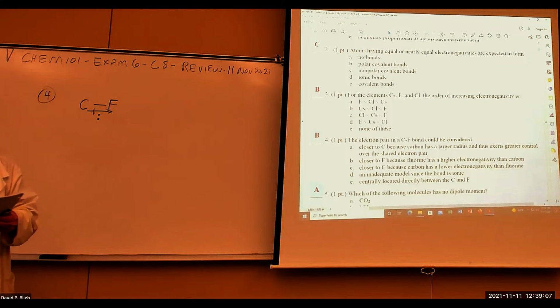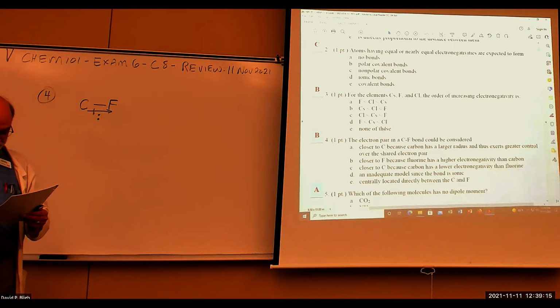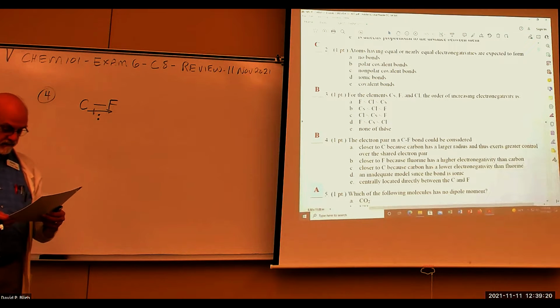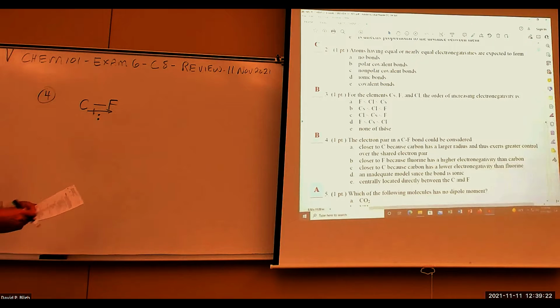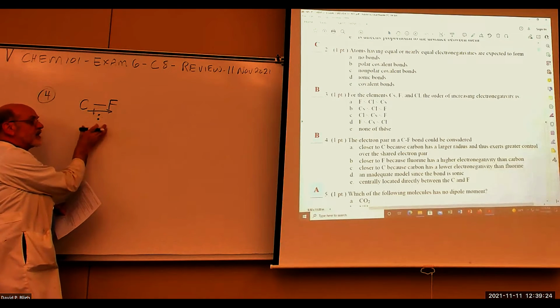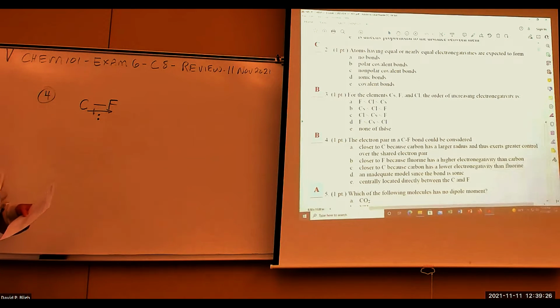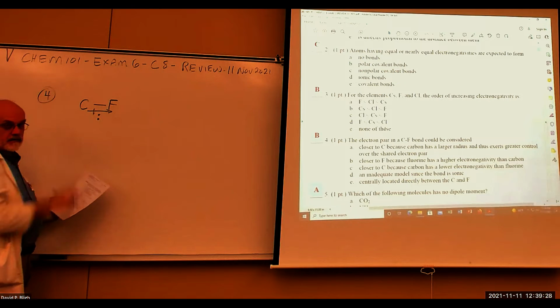So that means A is out, C is out, centrally located, E is out. Bond is not ionic. The difference in electronegativities is not enough to make an ionic bond. And one clue is they're both nonmetals.